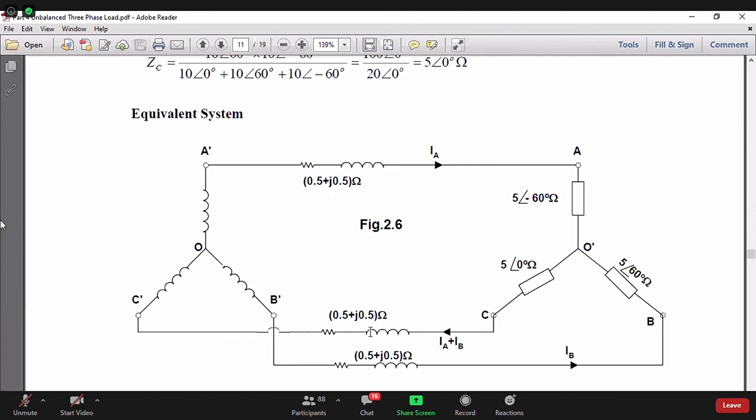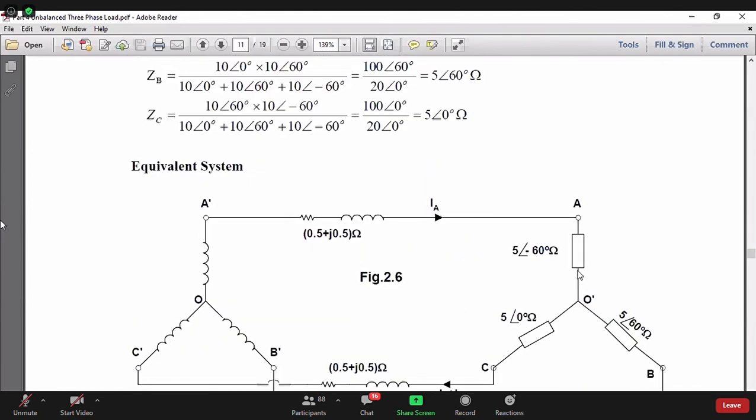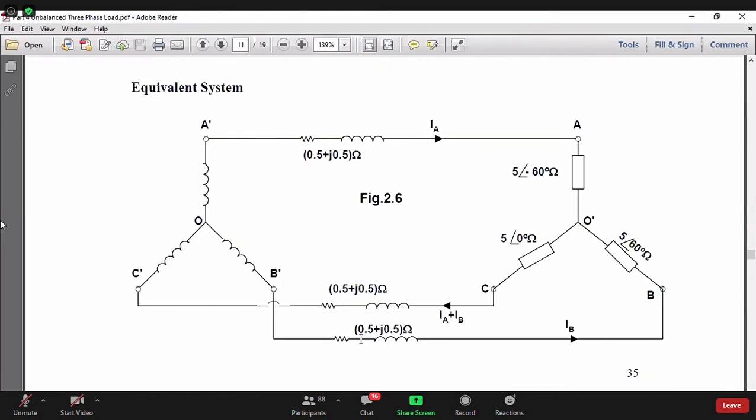The moment I assume the line impedance to be zero, again the same source voltage I can assume across the three terminals. Then I can solve this problem either by applying Millman's theorem or by again converting that star to its equivalent delta. That means first convert this delta to its star, take this equivalent star phase impedance, add the line impedance with it, then you get three impedances, again convert it to delta, and then you have one delta with zero line impedance.